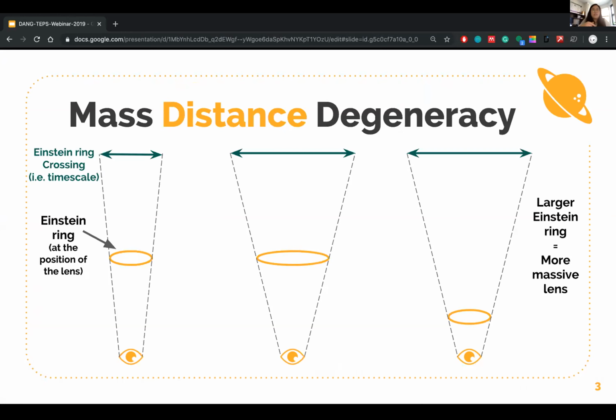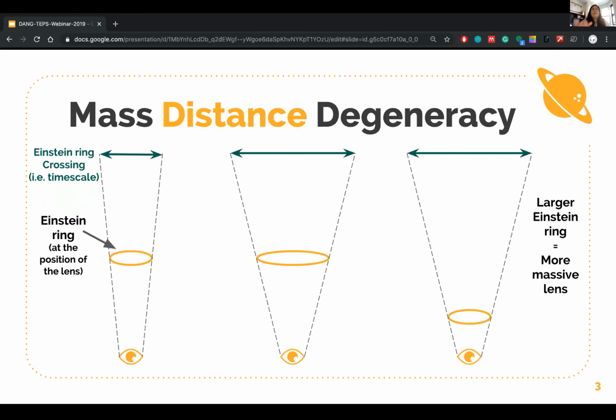The circle represents the Einstein ring, which is proportional to the mass of the lens and indicates the region of space-time that is distorted by this lens. At the top, you have the source moving across this Einstein ring. Hence, the time it takes to move across this ring gives you information about the mass of the lensing object in the middle.